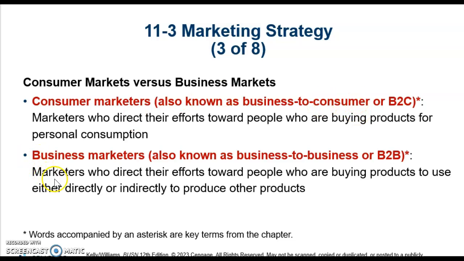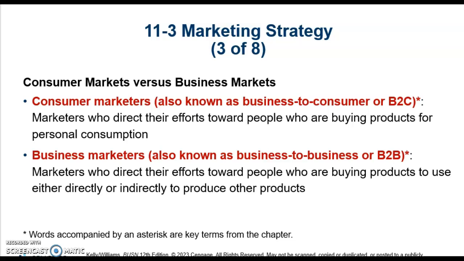Business marketers, also known as business to business marketers, are going to direct their efforts toward people who are buying products to use either directly or indirectly to produce other products. So they are focused on selling to a business who's going to use these products to make their products.